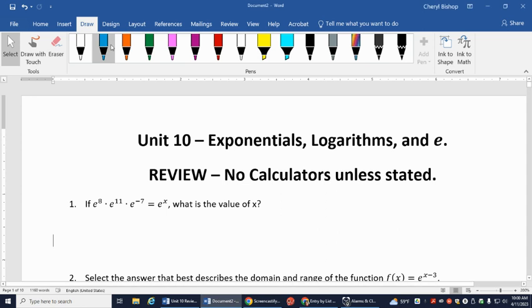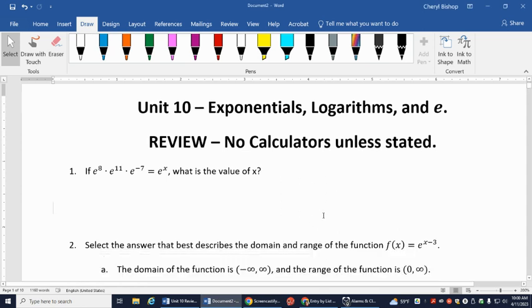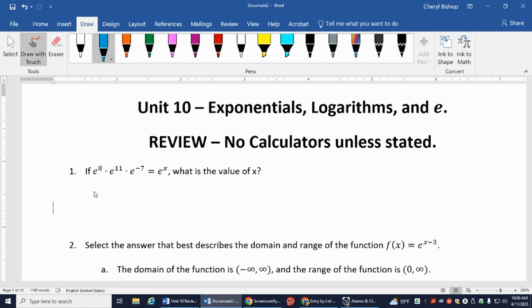Okay, so starting with number 1, if e to the 8 times e to the 11th times e to the negative 7th equals e to the x, what's the value of x? We're just multiplying these e's together, so we treat them just like they're x's.